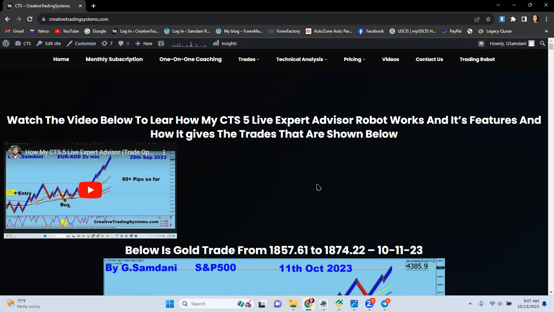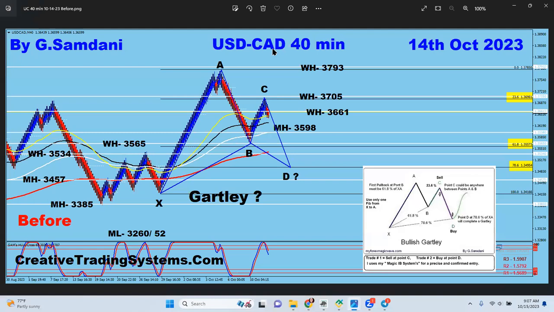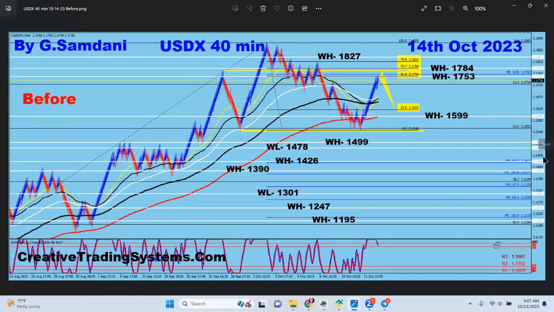I have almost every other pair making some kind of setup, an Elliott wave pattern, or bouncing from a trend line. For example, if I show you here, this USD CAD. Now, the next chart, you see this one is the US dollar index, right? So it bounced from here.